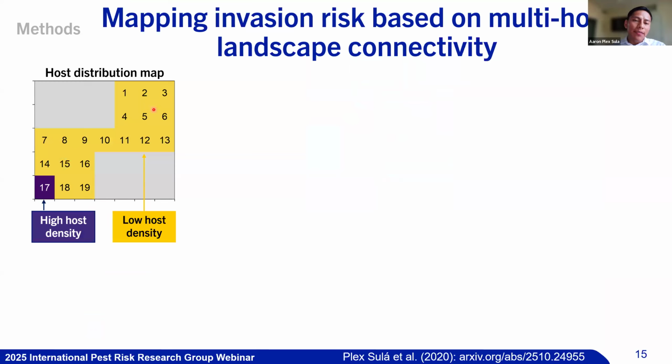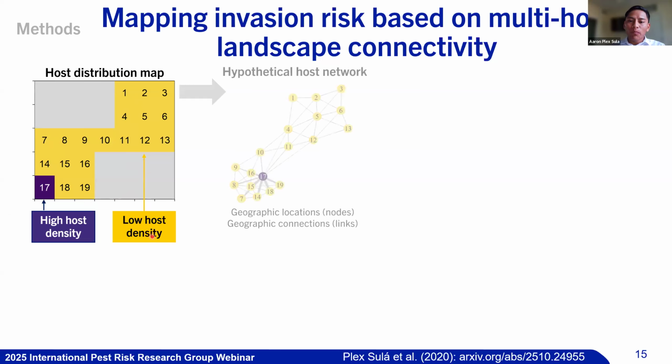In this analysis of host landscape connectivity, all else being equal, host availability is a first approximation to understand pest establishment. For example, in this hypothetical host distribution map, high host density is a proxy for high establishment potential compared to locations where there is not much host.